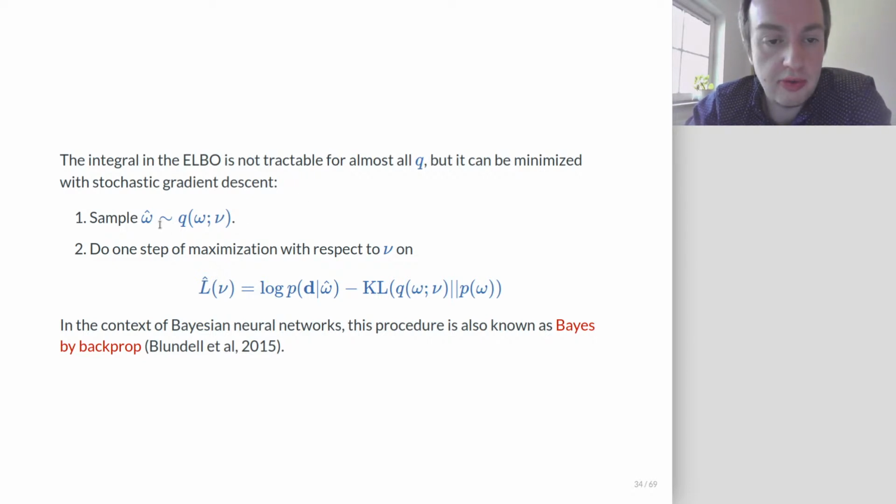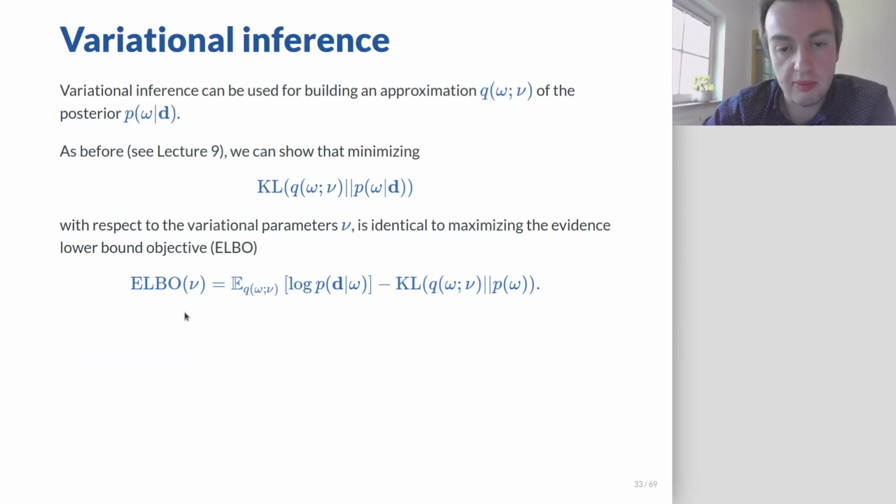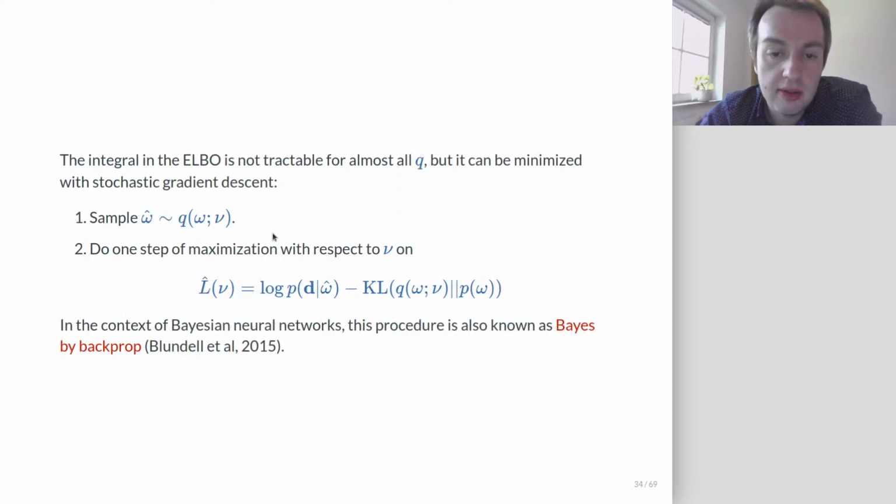So we'll approximate the integral by first sampling a single omega from the Q distribution, the approximate posterior, and then we'll do one step of maximization. We'll try to maximize the ELBO by maximizing it over just this one single omega hat. And so we'll define an approximate loss with respect to the variational parameter, in which the expectation has been replaced by just the log likelihood of the data for that particular omega hat value.